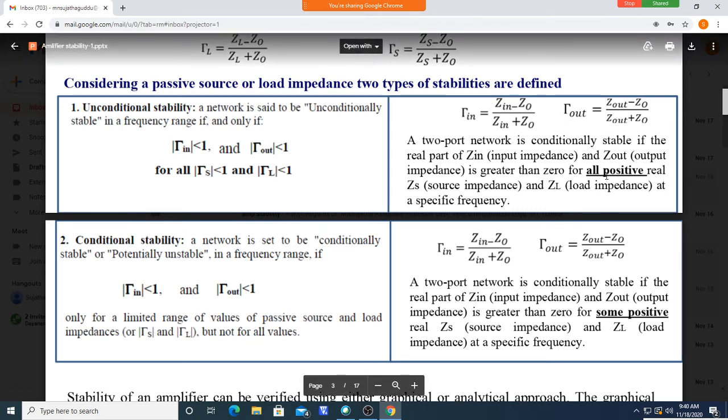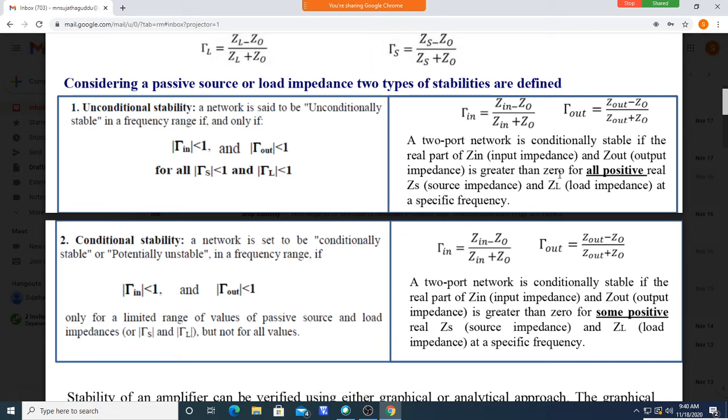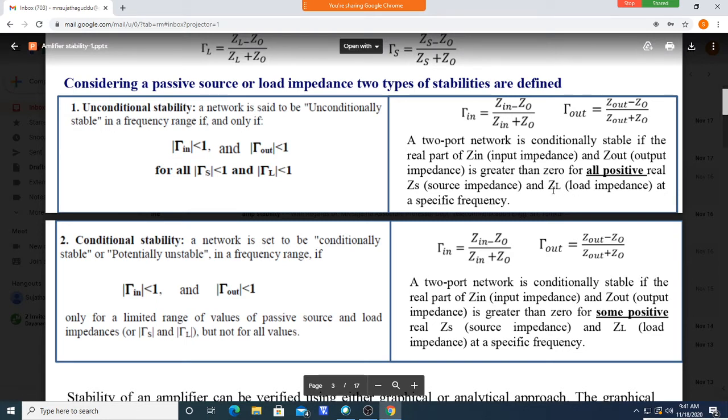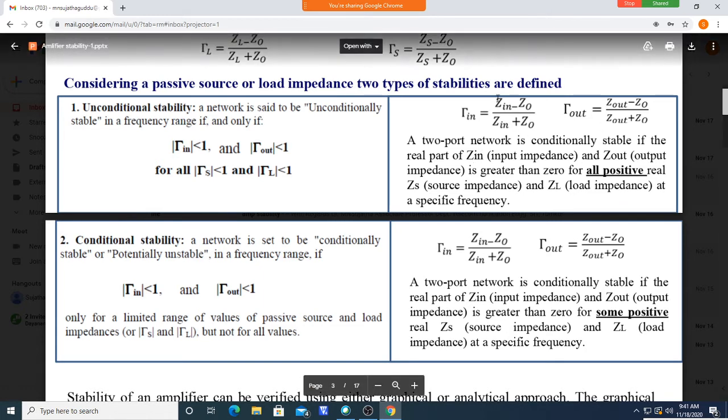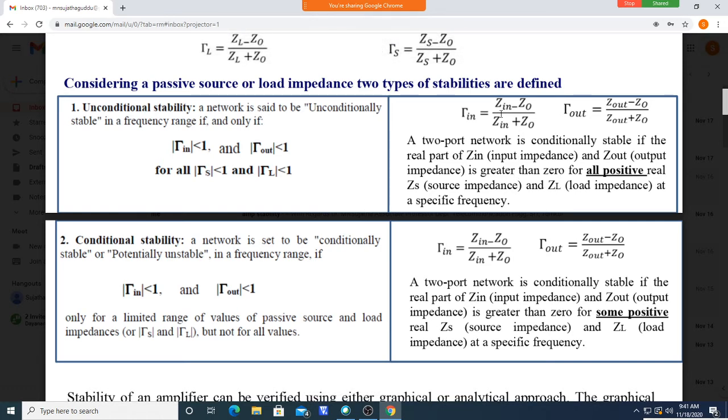Zin actually depends on ZL, Zout depends on Zs. The real value of this Zin must be greater than 0.